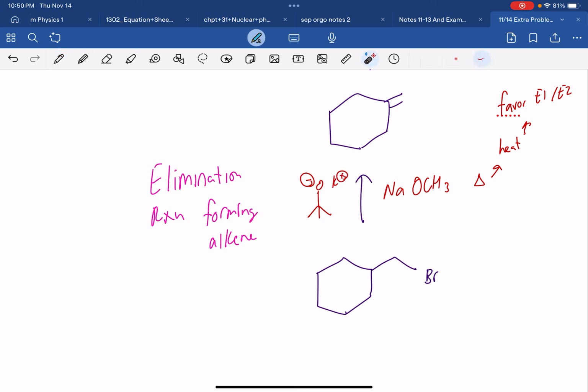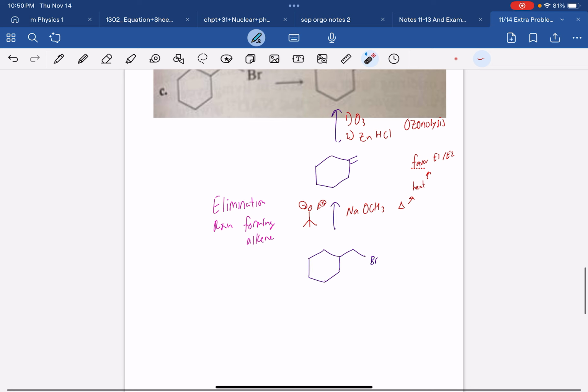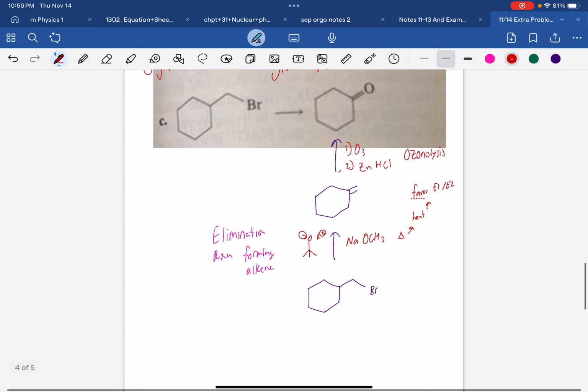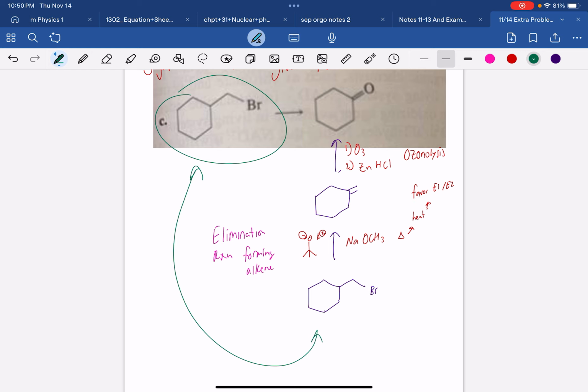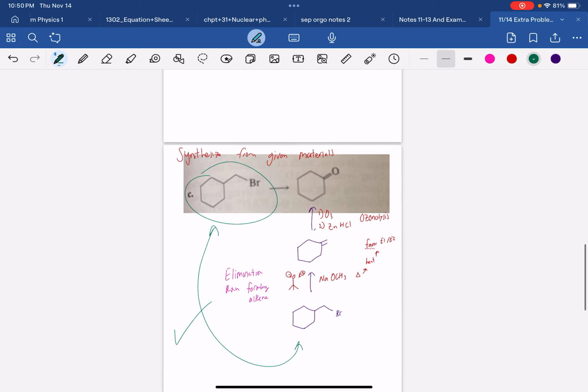Because in this case, it doesn't matter if we make a less substituted or a more substituted alkene, because there's only one place that protons can be pulled from. The proton has to be pulled from here because the leaving group is here. So how this will work is we have H here, so this base will grab the proton, kick this here, and kick this off. And that just so happens to be the allowed starting material, so this guy is the same as this. So you're done, okay? And I think that's it.